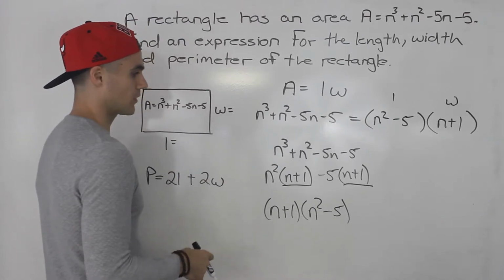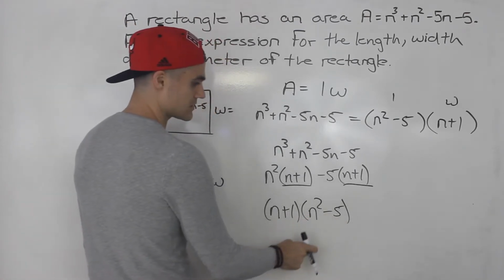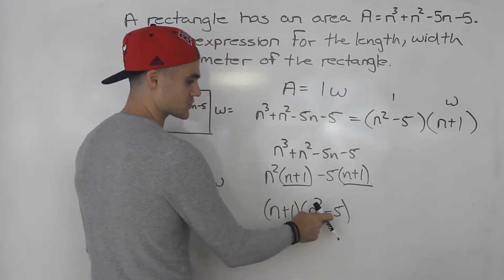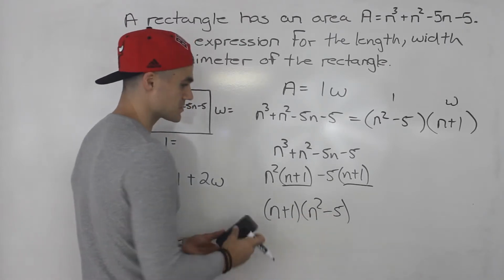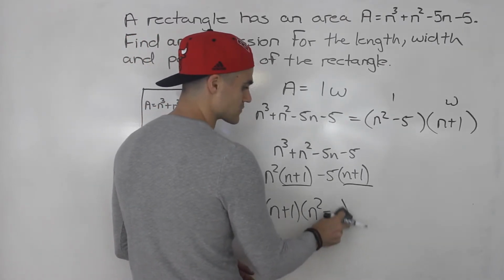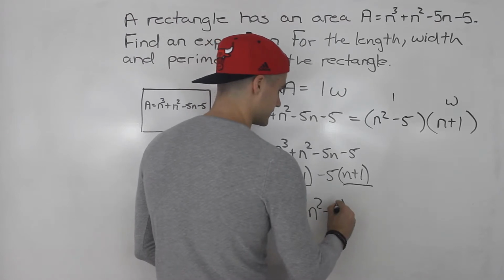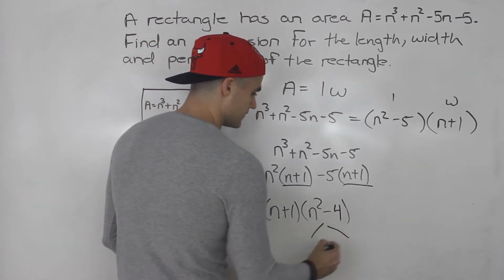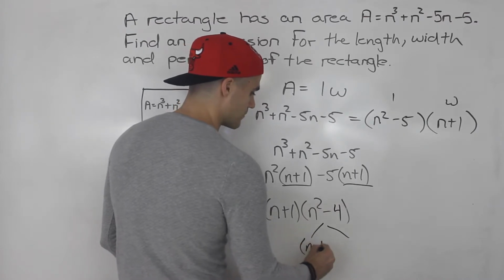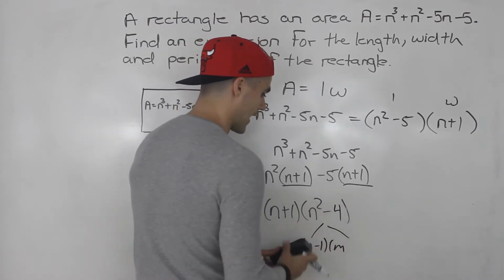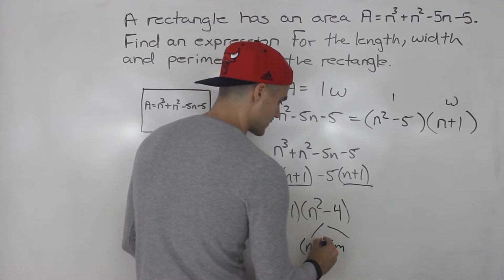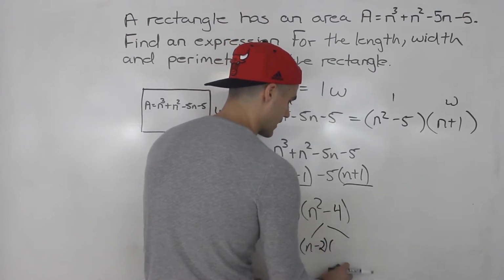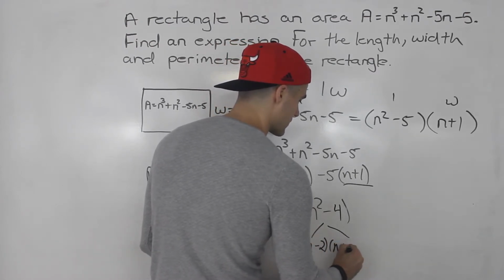Now, another point I want to make: notice you can't factor this any further. This is a difference of squares, but then the factors would be decimals. But let's say you had n squared minus 4 here. Then technically you could factor that into n minus 2 and n plus 2.